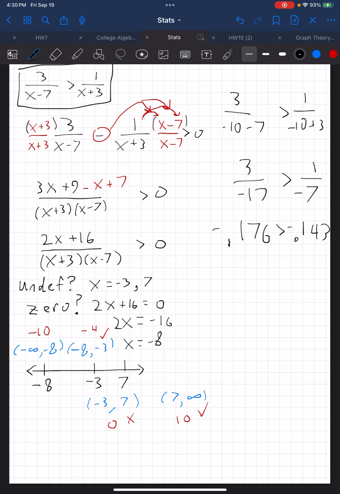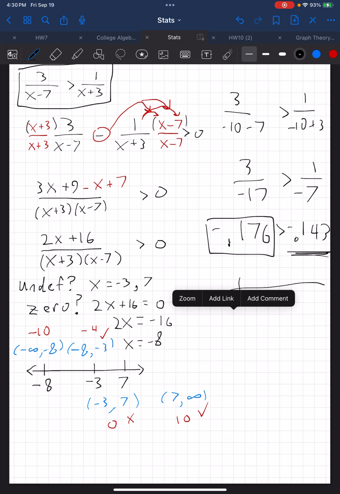Okay, so my first guess ended up being wrong. This is a more negative value than this one, right? So we drew them on the number line. This would be negative 1.76 to the left, and then negative 1.43 to the right. So this is not true. That does not hold, so this interval does not hold.